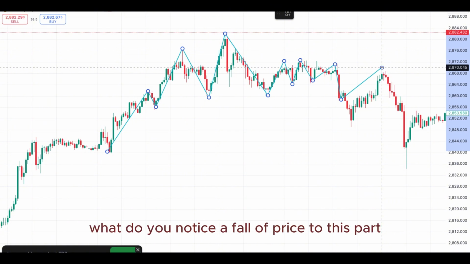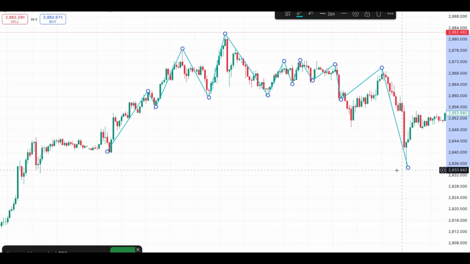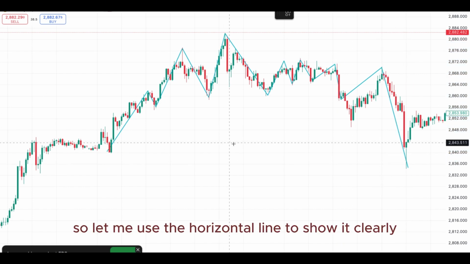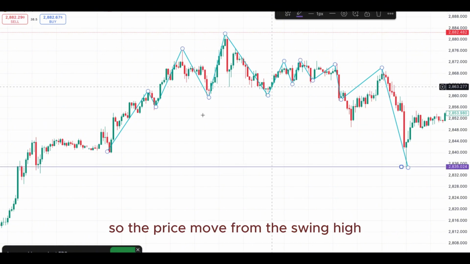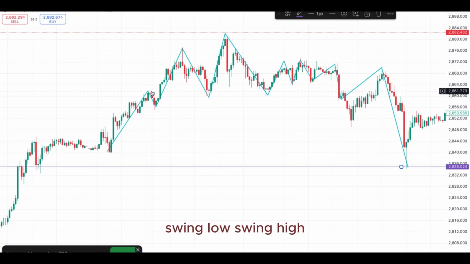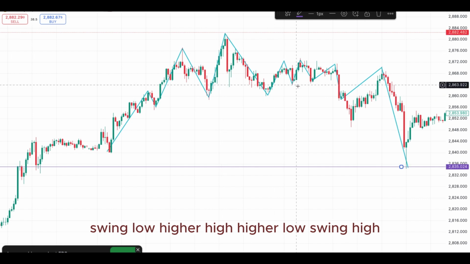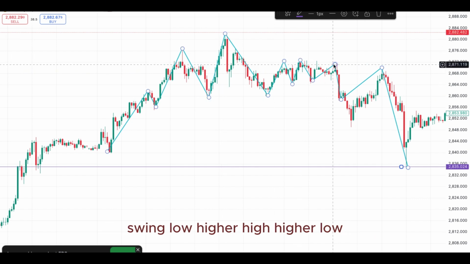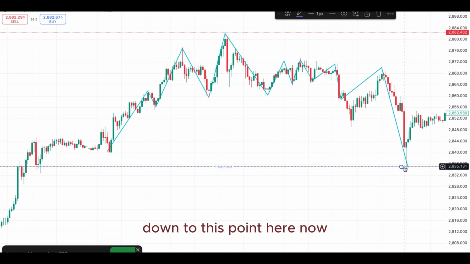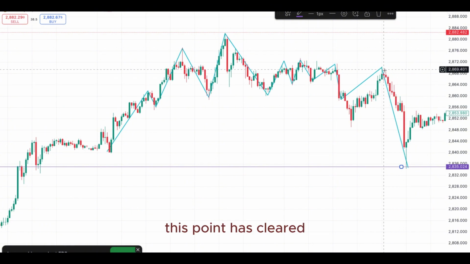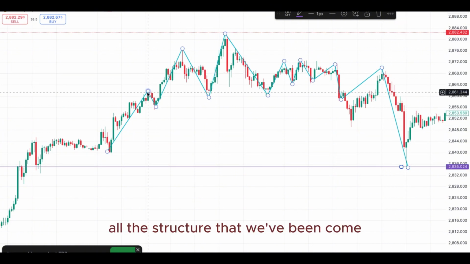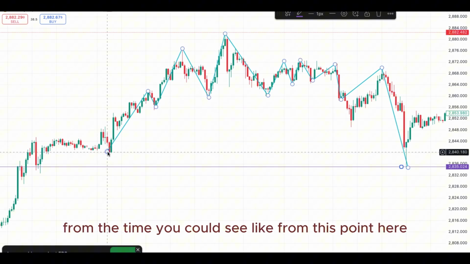Then after the swing high, what do you notice? A fall of price to this part. So let me use the horizontal line to show it clearly. So the price moved from the swing high, swing low, higher high, higher low, swing high, swing low, higher high, down to this point here.